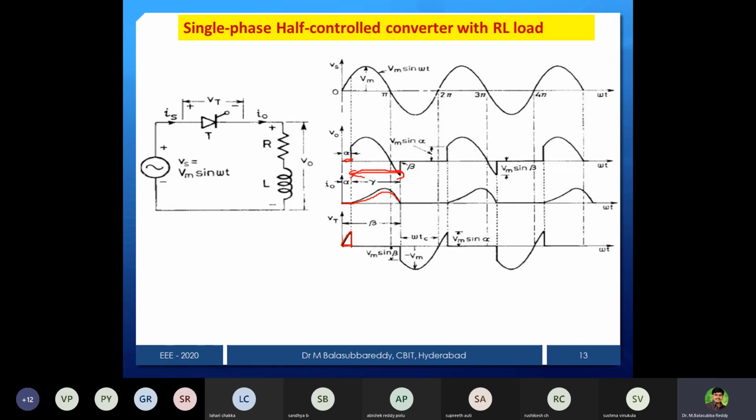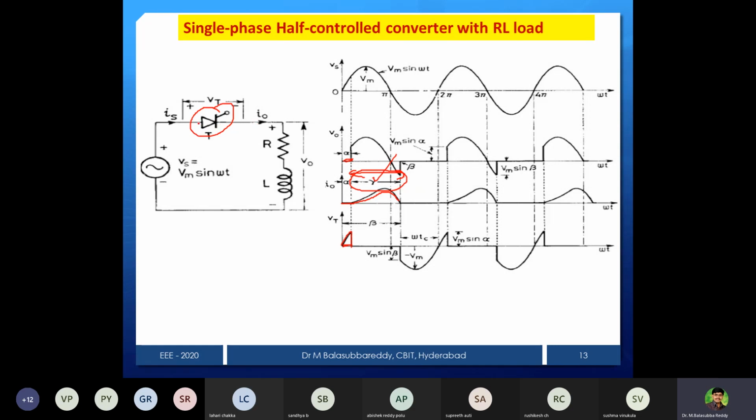This duration I call the conduction angle, because the device conducts during that instant. The instant at which the device starts conducting is the firing angle, and the conduction angle means the device conducts from alpha to beta, or pi plus alpha, the duration.